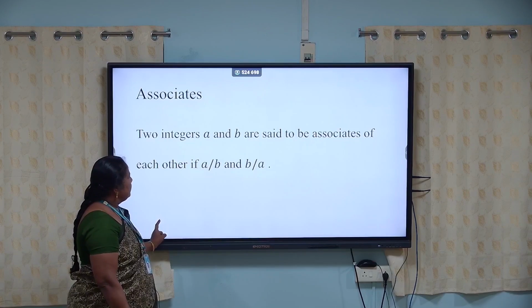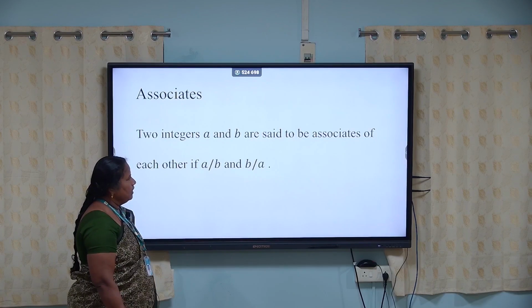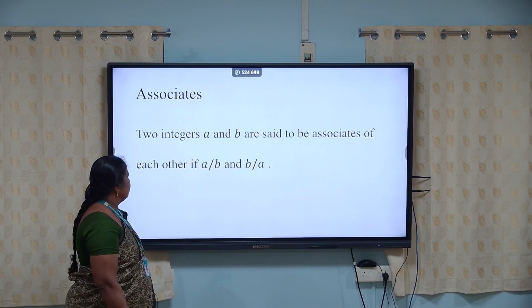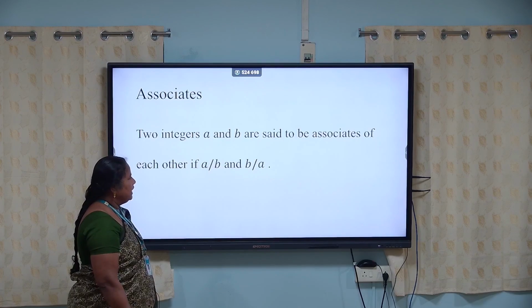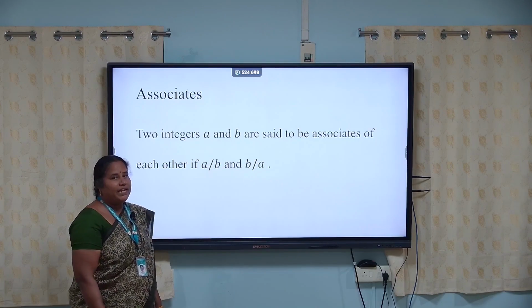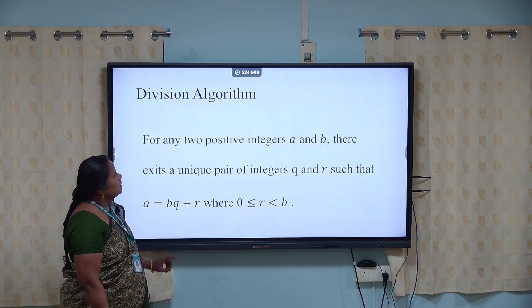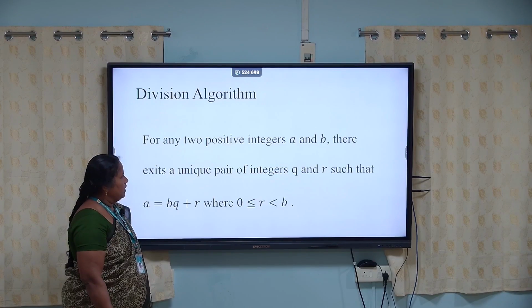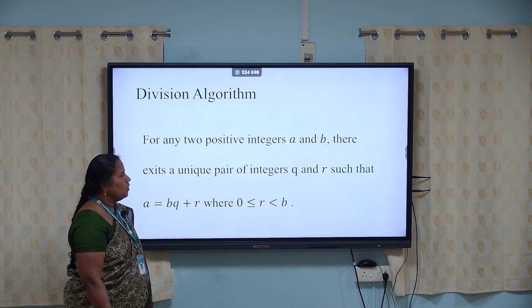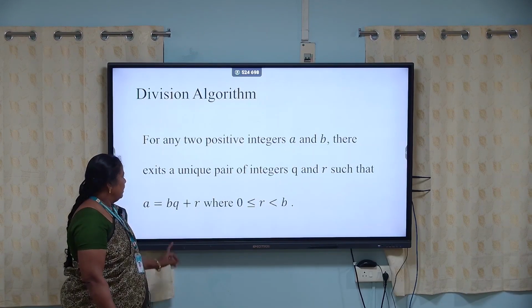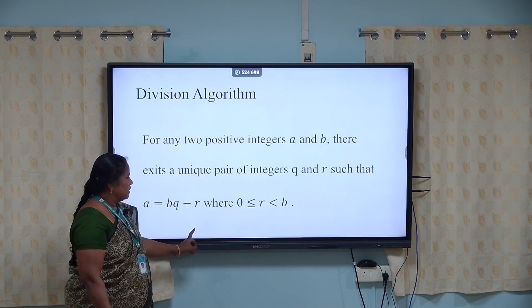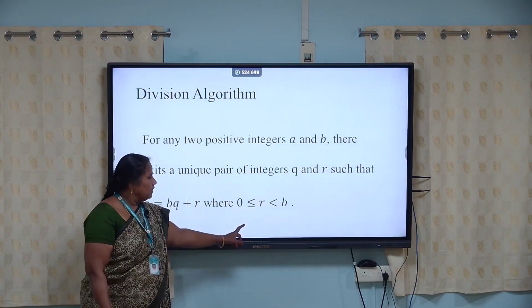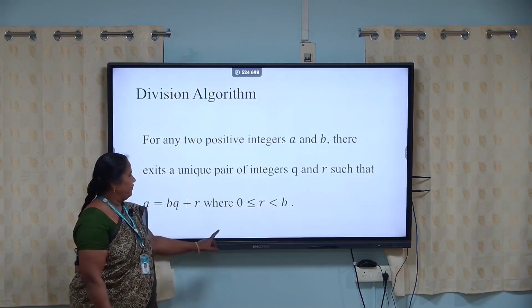Associates. Two integers a and b are said to be associates of each other if a divides b and b divides a. Division algorithm. For any two positive integers a and b, there exists a unique pair of integers q and r such that a is equal to bq plus r, where 0 is less than or equal to r, less than b.